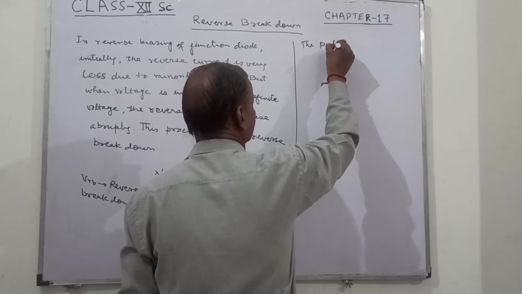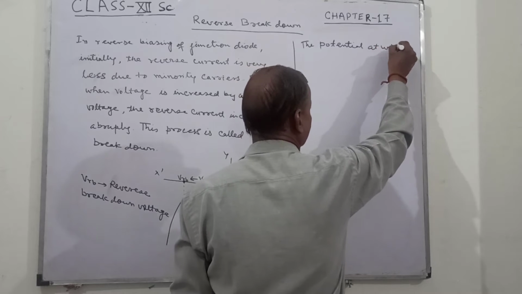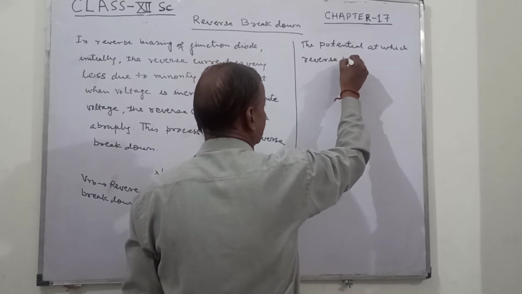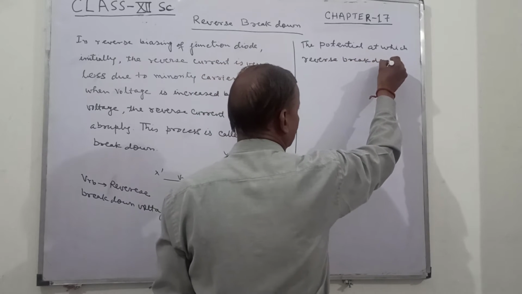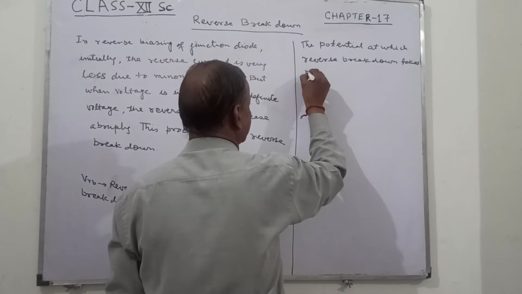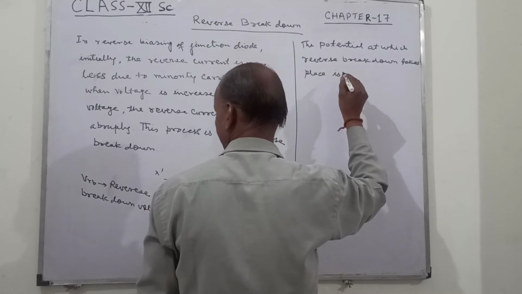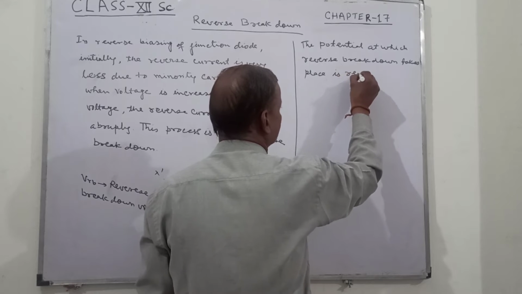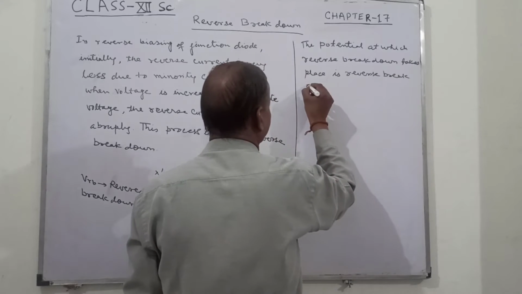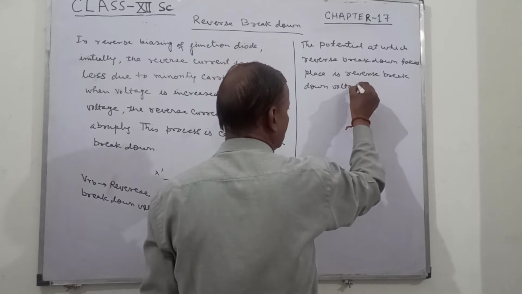The potential at which reverse breakdown takes place is called the reverse breakdown voltage.